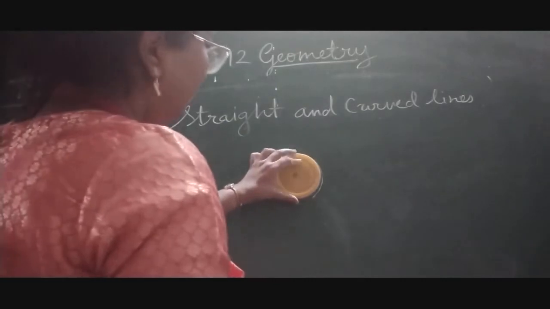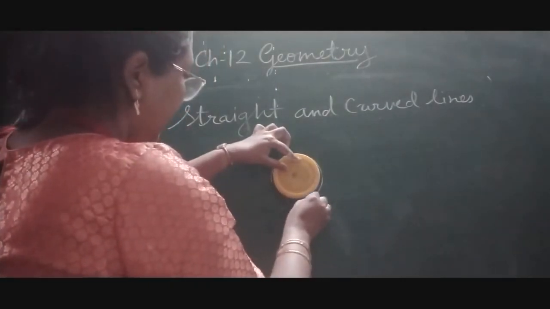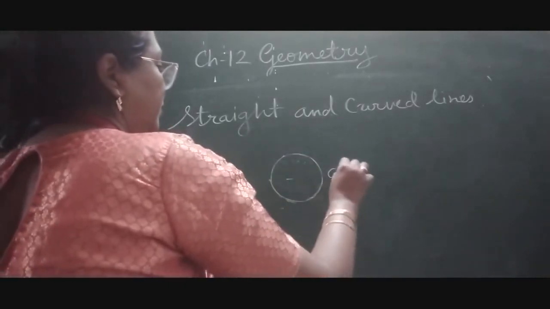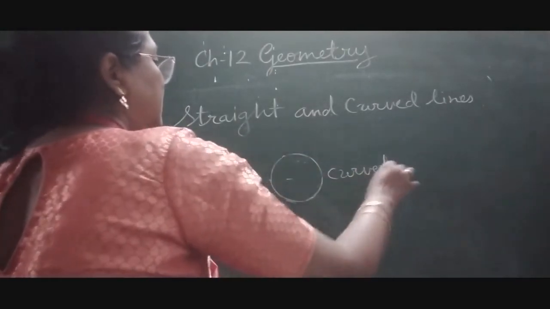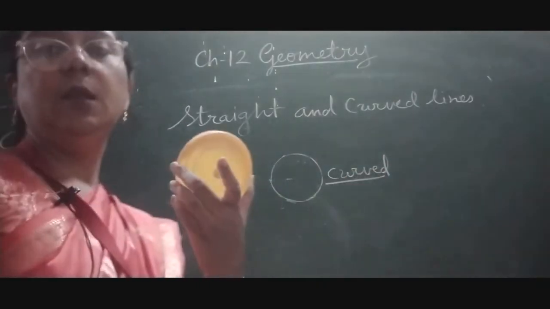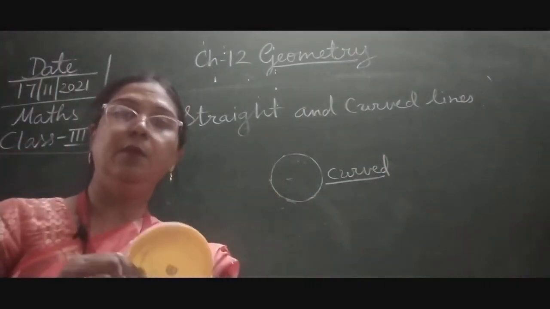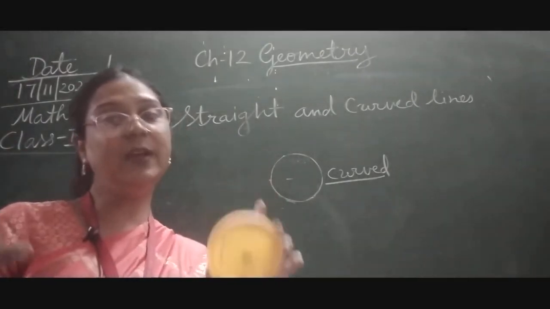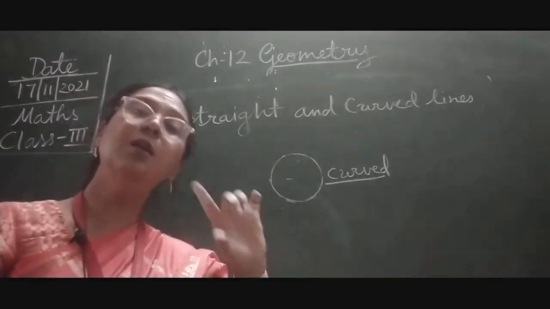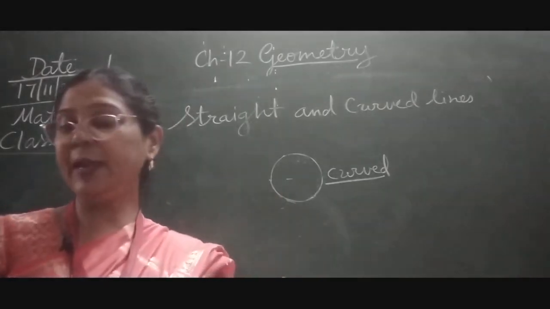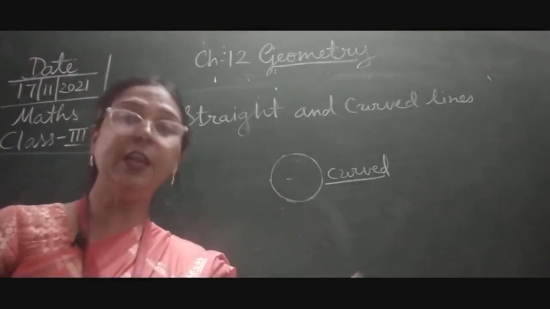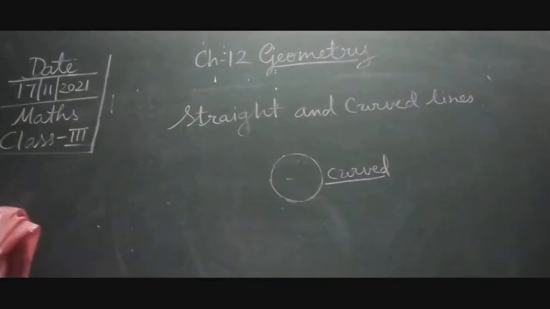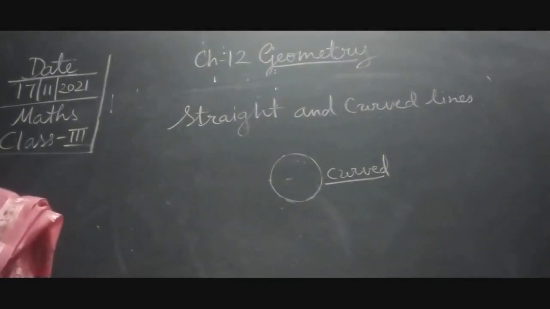If we draw inside or outside of this, we can draw only curved lines, because the surface of this dhakkan, the lid, is a circle. So that is why we can draw a curved line. So there are two types of line. First is straight line and second is curved line. So I have shown you the difference.